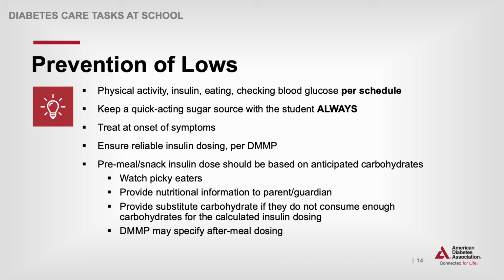Knowing and following the basics of prevention is vitally important to a student's health, learning capacity, safety, and feeling of security. Keep a quick-acting source of sugar with the student, always, especially during school hours, extracurricular activities, field trips, and exams. Always treat promptly at the onset of symptoms.